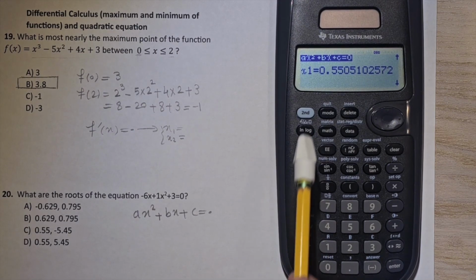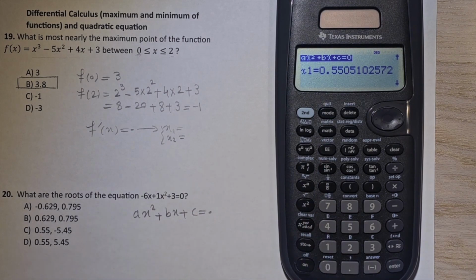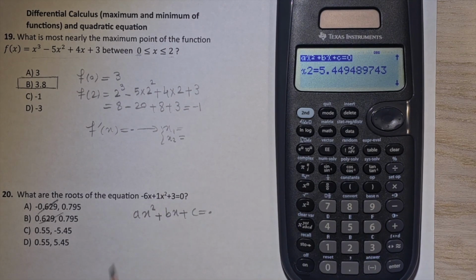Enter. X1 is 0.55. This cannot be correct. So the second one, 5.44. So this one should be correct.